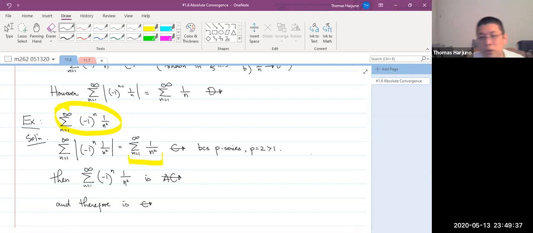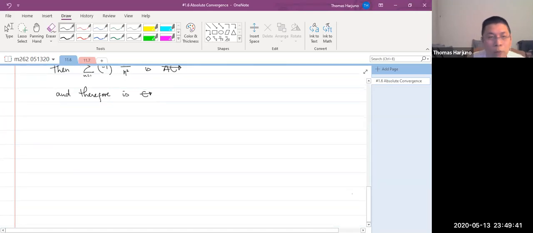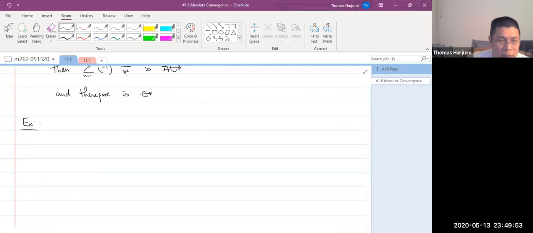Now, how do we use this? We can use absolute convergence to help us find the convergence of series whose terms are not always alternating, but sometimes positive, sometimes negative.